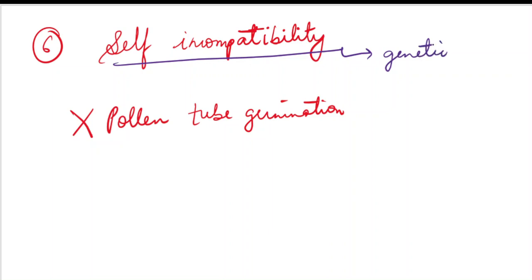Because of that genetic issue, there is no pollen tube germination. Even if the pollens reach the stigma, they are not getting germinated, they are getting suppressed and inhibited. Why? Because of the genetic issue. So the stigma again needs some other pollen from other flowers, hence there will be a need of pollinators, and hence cross pollination.